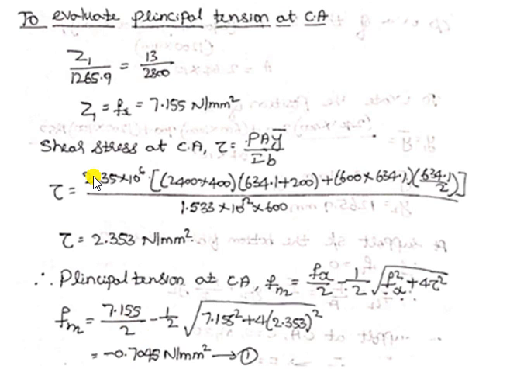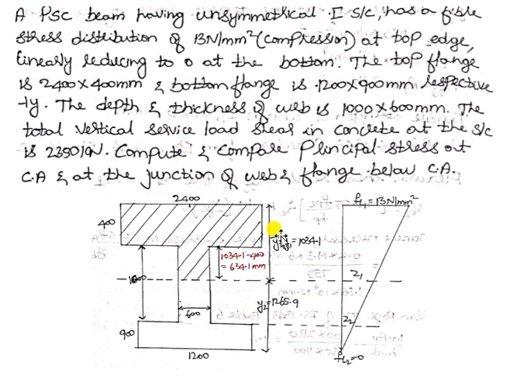Here in this question, Fx, that is the pre-stress component along the horizontal plane, is not given, but they have given the values at the top fiber and bottom fiber. So by using the stress values at the top fiber and bottom fiber, we can calculate the stress component at this centroidal axis and at the junction of web and flange.